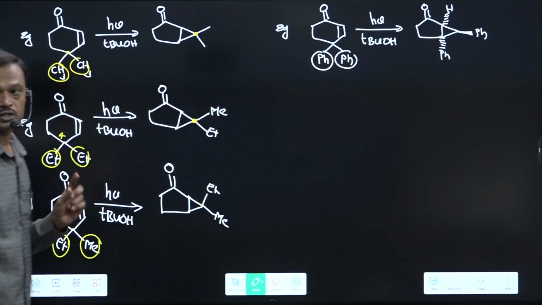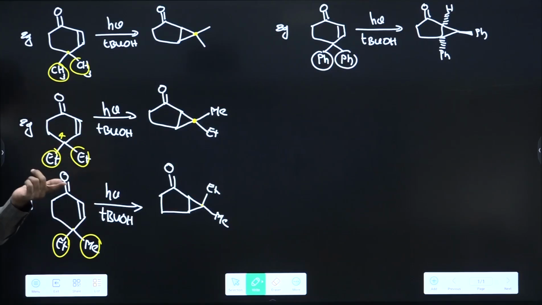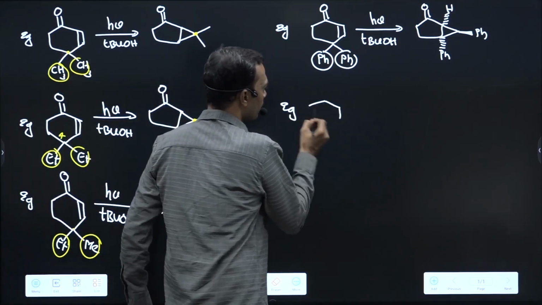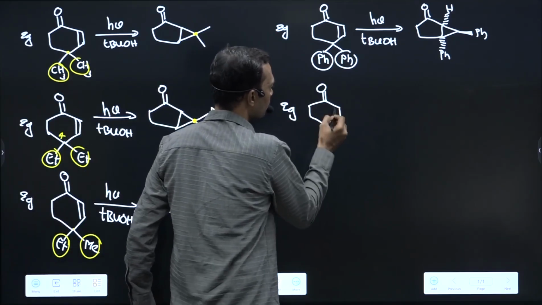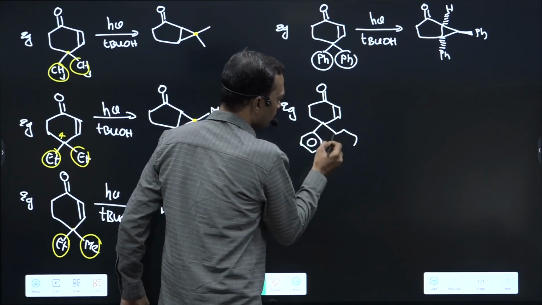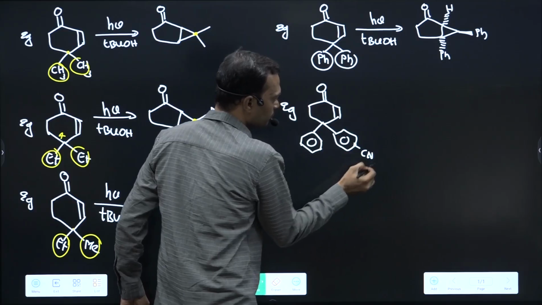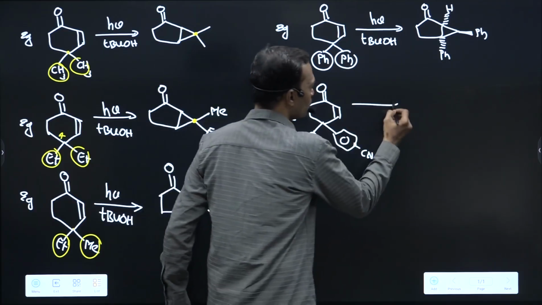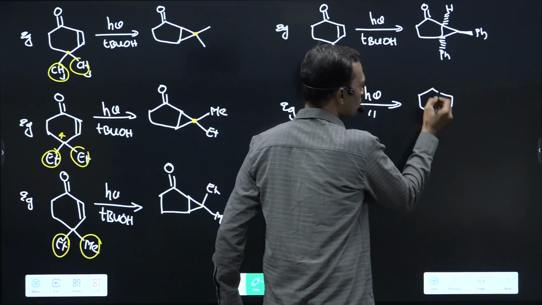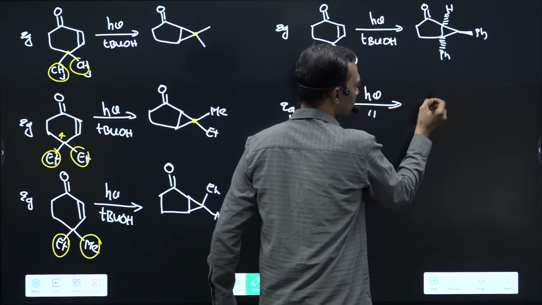Whichever is giving more stability, that is the migrating group. Suppose I write an aromatic ring, and here I am writing benzene and here benzene with cyano. So when 2 different groups are present, which is the migrating group? That migrating group is going to settle down on the 3-membered ring.